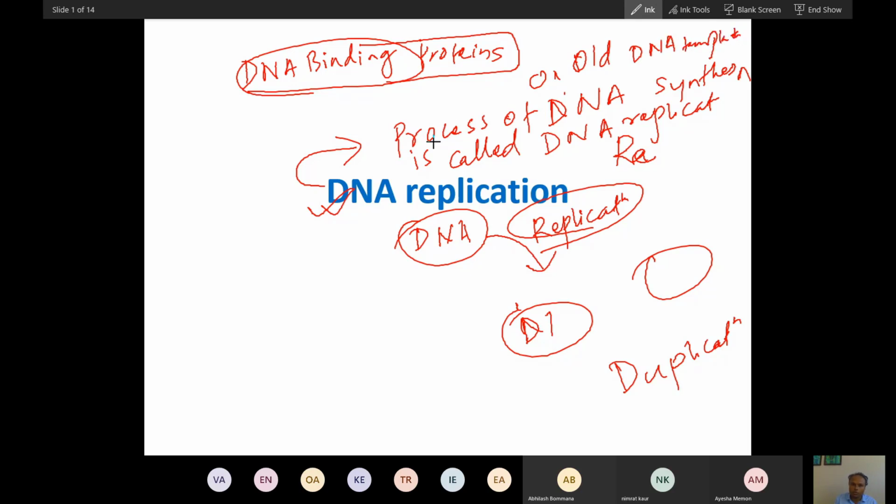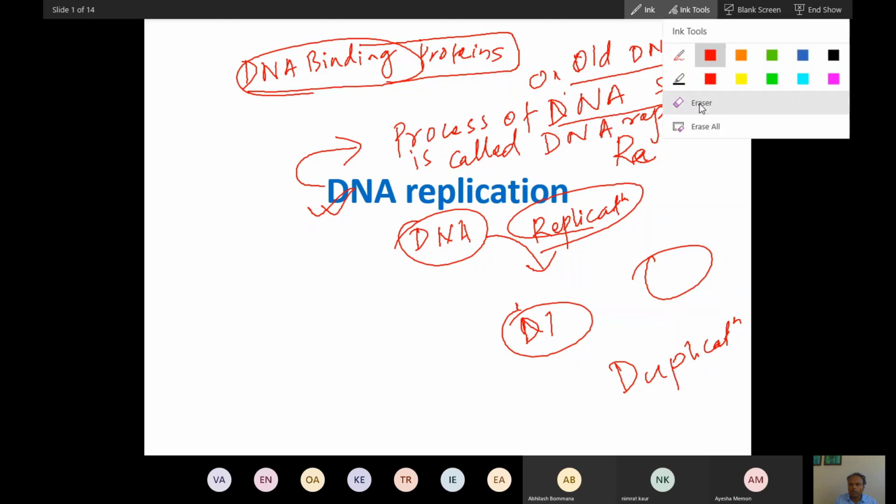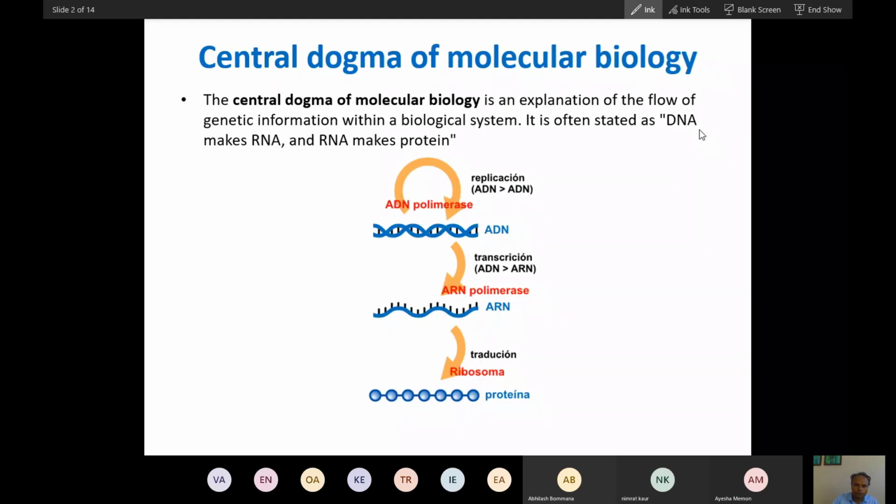So there are two terms, DNA synthesis on old DNA template. It's called DNA replication. So let's today talk about DNA replication. Before going to DNA replication, we will talk about a very important process, the central principle that is actually guiding us, that is the core of any living being.